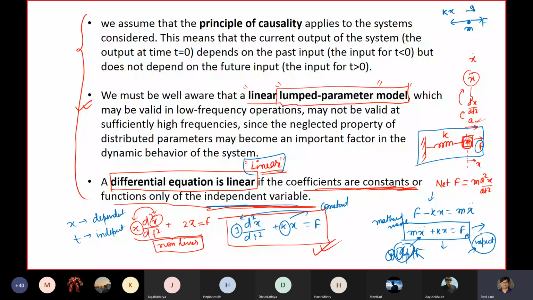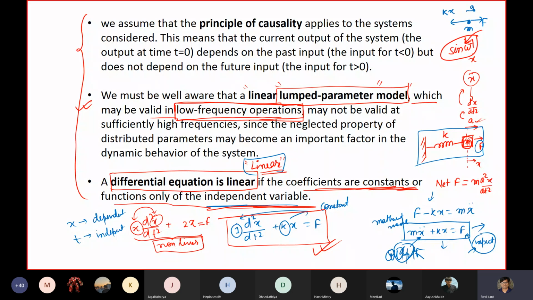That is also a valid assumption as long as we are going to seek low-frequency operations. Let's suppose I am exciting this spring-mass with a force sine omega t, where omega is the forcing frequency of the input force, some oscillatory force, say 1 radian per second.